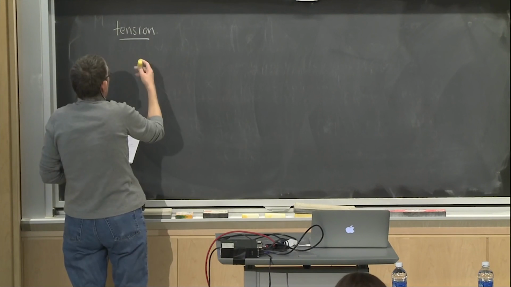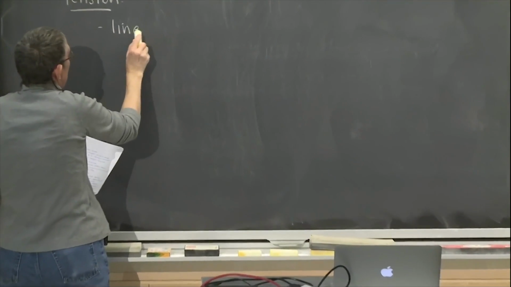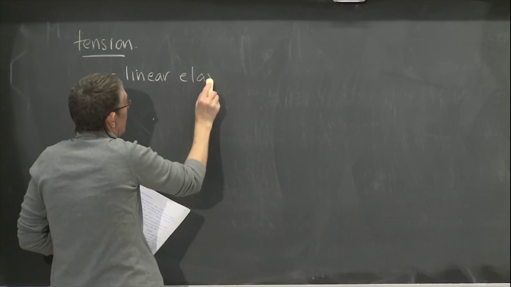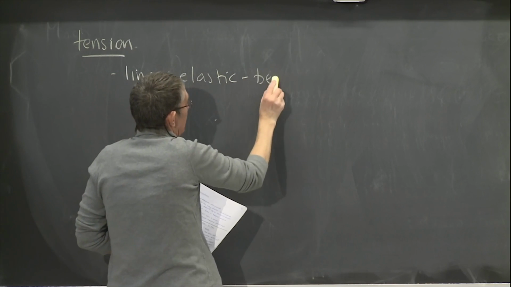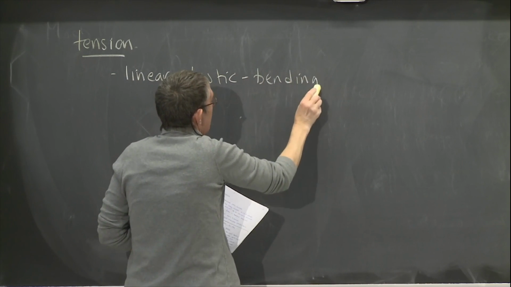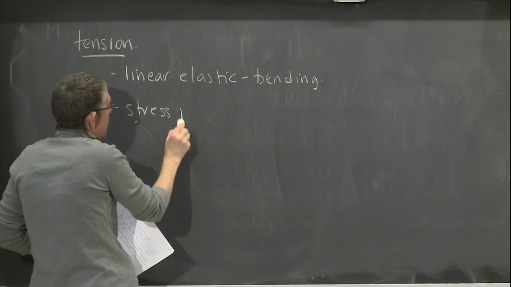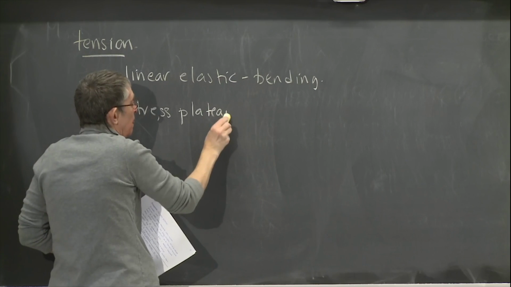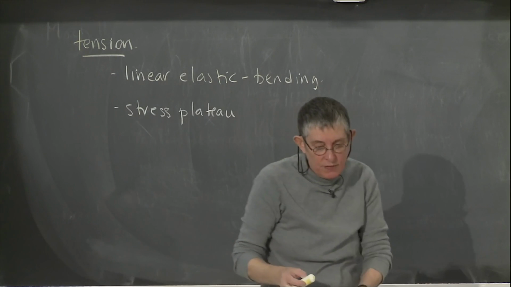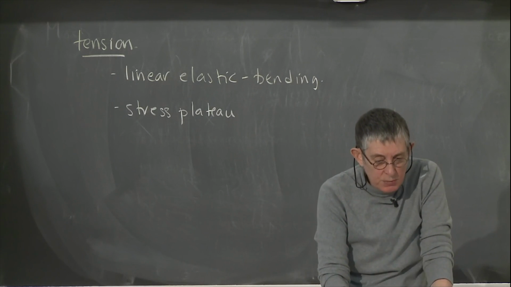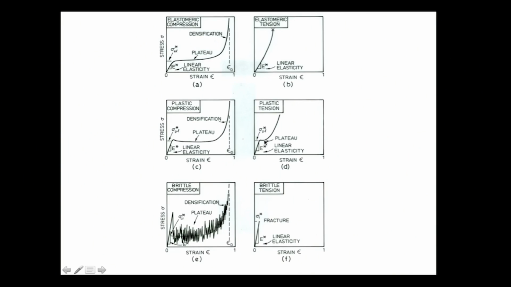In tension, we still get linear elasticity initially, and that's going to, again, be related to bending of the cell walls. But if you look at these three curves here on the right, the stress plateau only exists if the material has a yield point and you get some plastic yielding there. If you have an elastomer, if I pull on this, you don't get buckling in tension, so you're not going to get a stress plateau in tension.